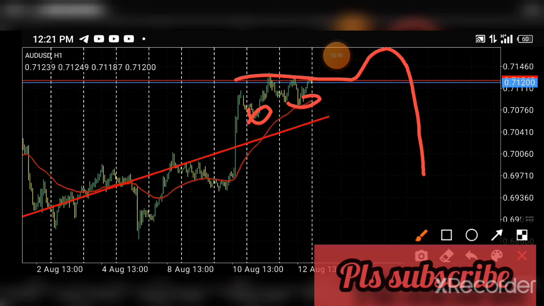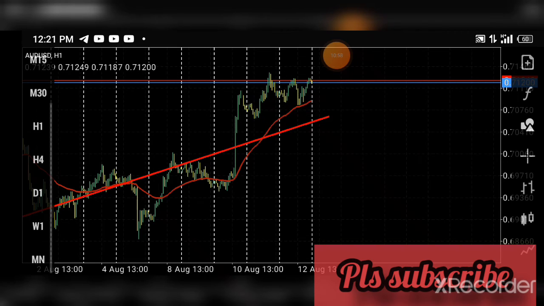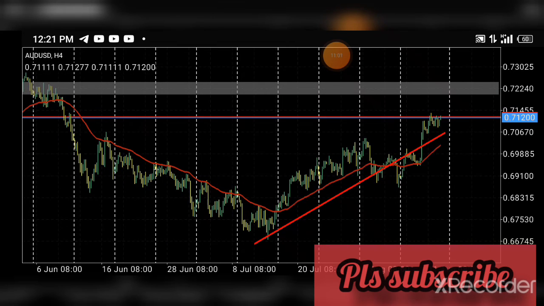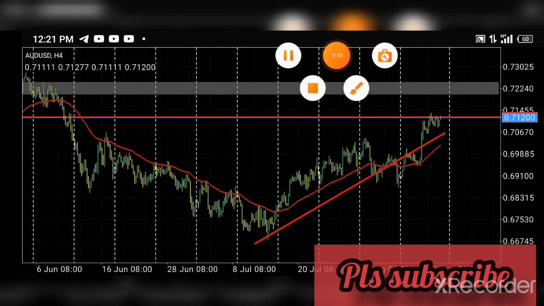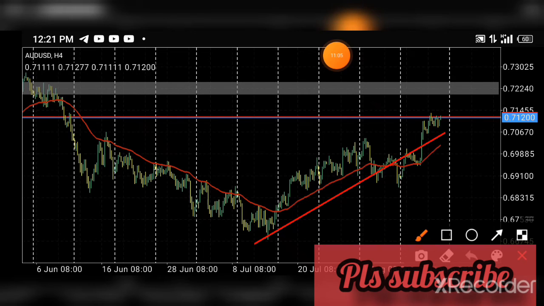So if you are able to spot this level, what you'll be waiting for at the 4-hour is to make sure, if you are patient enough, that the market hits the level of resistance here, and you see it try to break it but it's not going to break it, because I believe we are still in the downtrend and going to see something like this market retest.